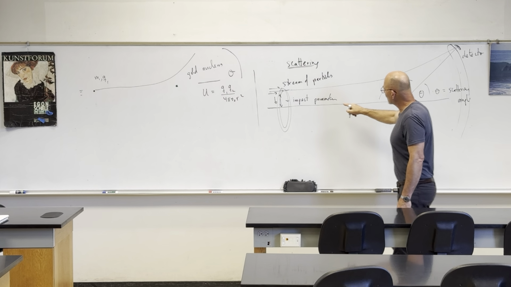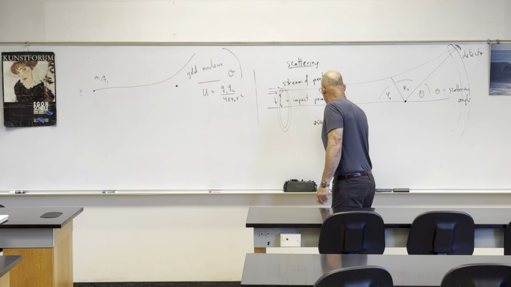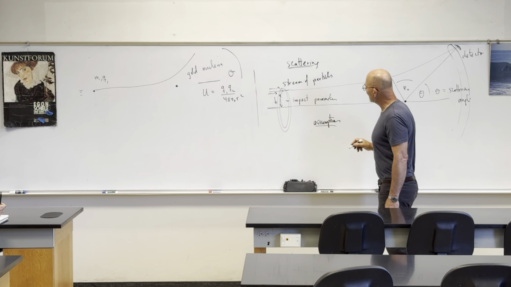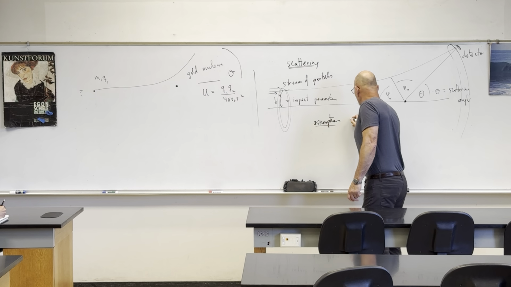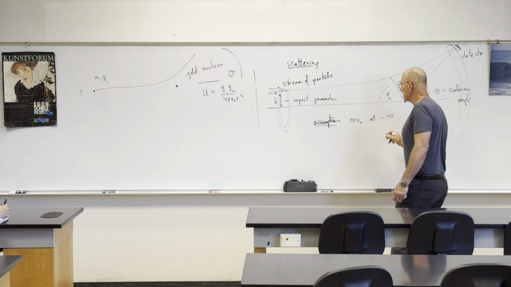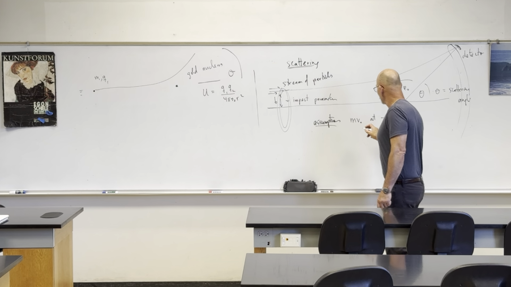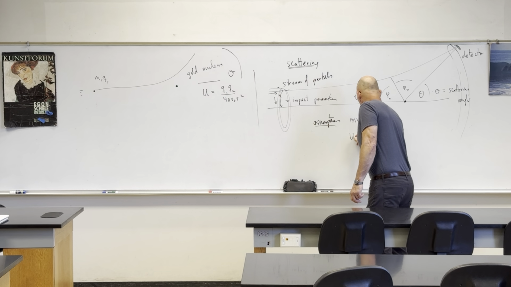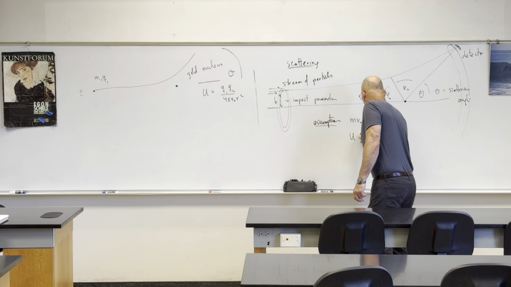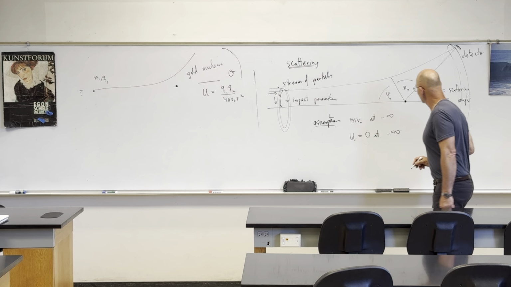And the assumptions are going to be that we have m v naught at negative infinity, right? And the other assumption will be u equals 0 at negative infinity.